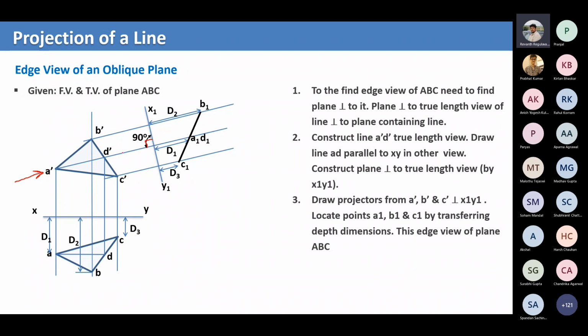So now what happens is A dash D dash will coincide to give a point. Everyone understands why this is a point. This is a straight line and you are seeing perpendicular to it, so it gives a point. So that point is both A1 and D1. So this is how a plane is converted into a straight line.